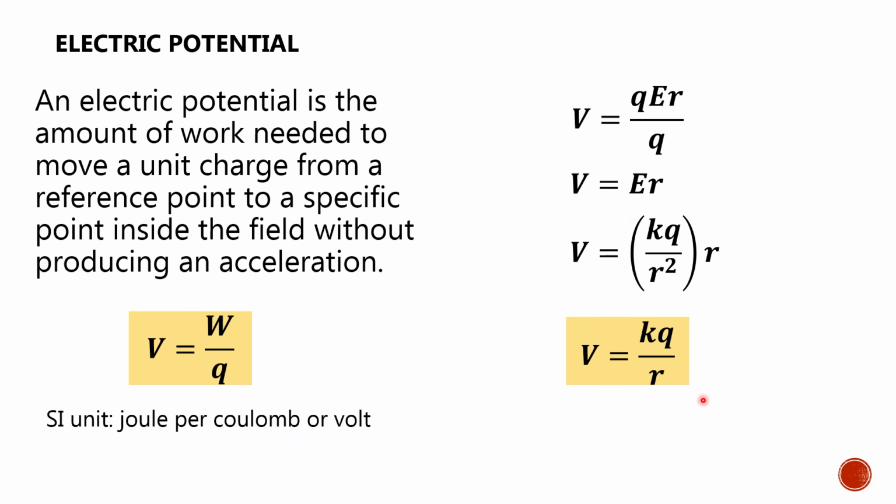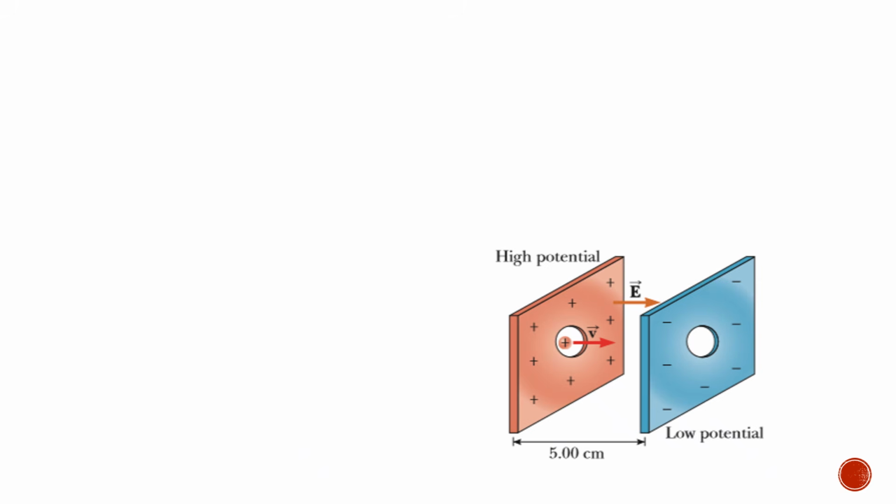So we think of electric potential as a kind of height in the electric landscape. Charges placed in this landscape will naturally roll toward regions of lower potential, just like balls rolling downhill. In practice, we rarely care about the absolute potential at one point.